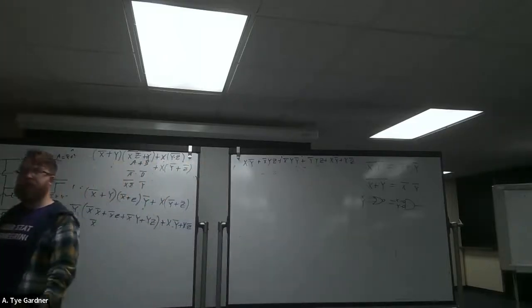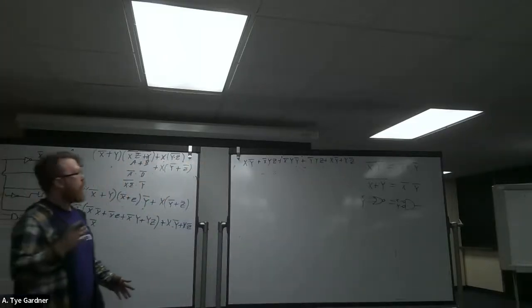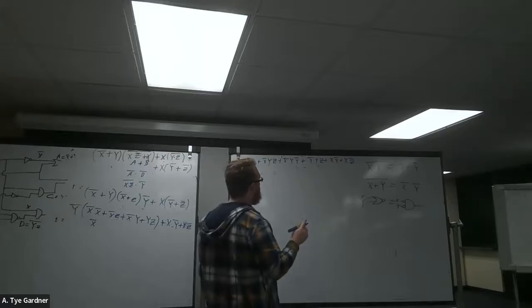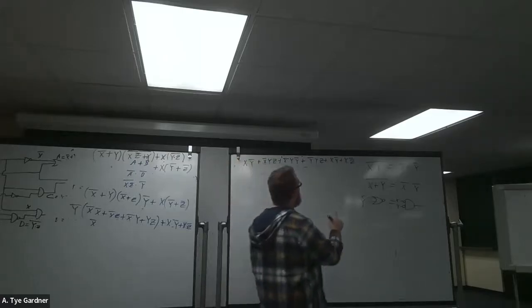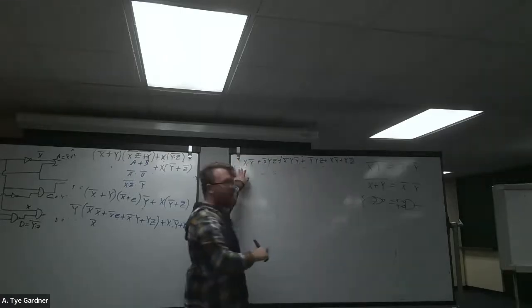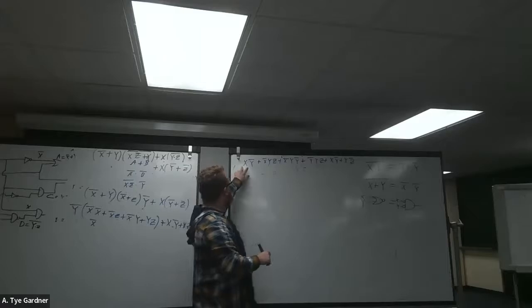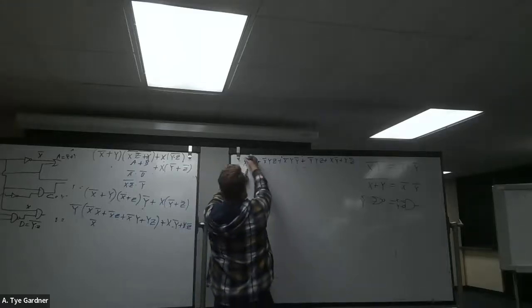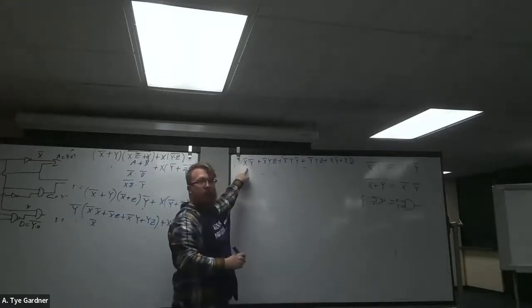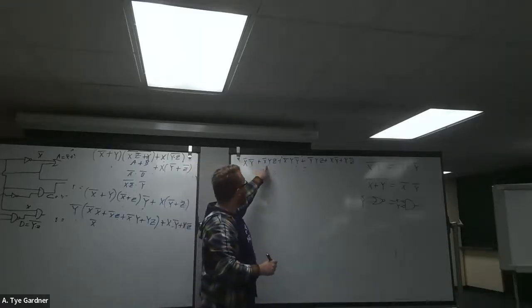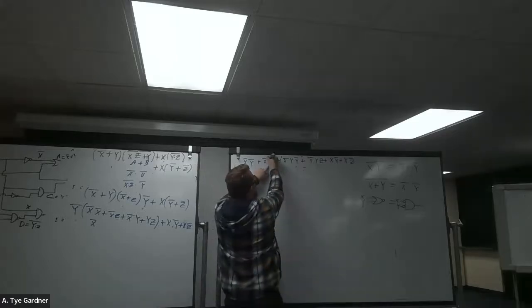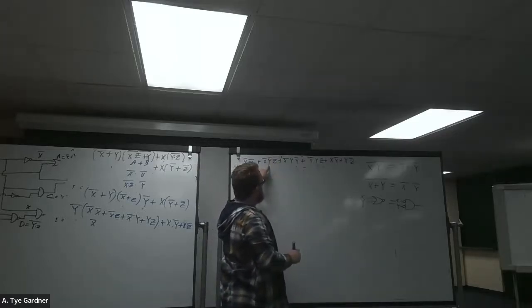Am I good? You need a not over the not X and a not over the Y. In the very beginning, it should be not X, not Y. Which term number? That one, that one. This one? Should be not X, not Y. Oh, okay. Any other mistakes? Not X, not Y, Z. This one? Thank you.